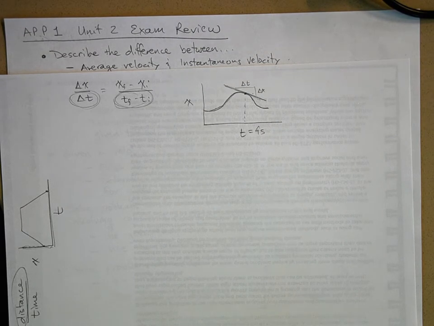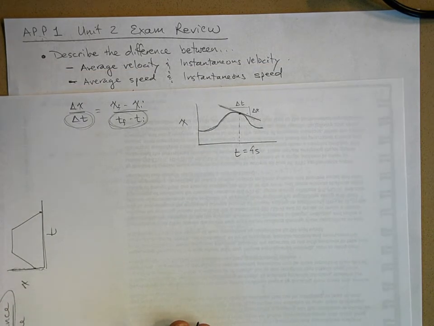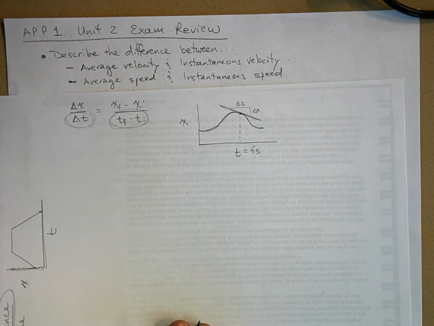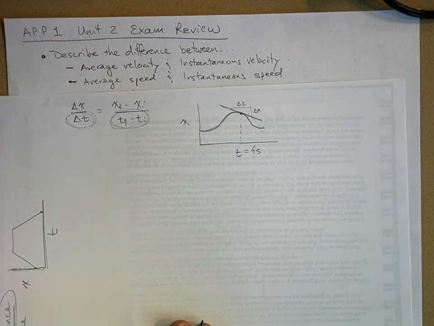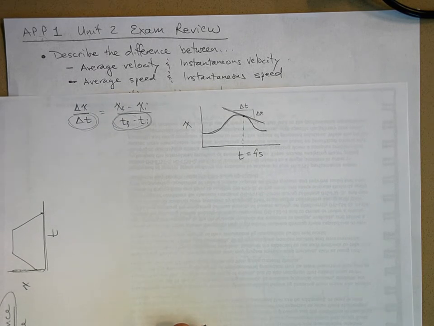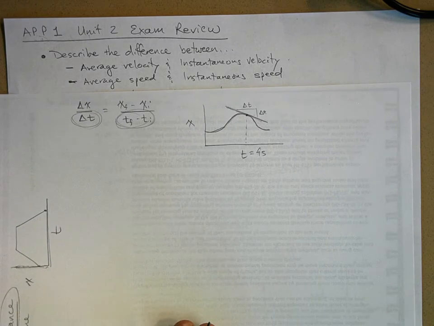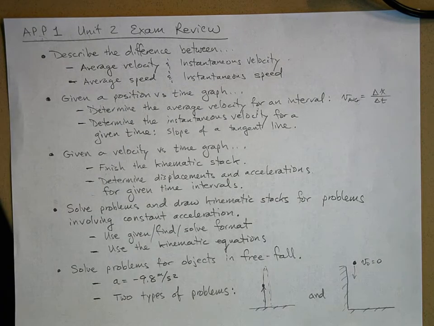Not negative 1.5, because with instantaneous velocity, what does the sign mean? What does the plus or minus mean? It means, is it going to the right or the left, or is it going down or up? Well, with speed, you don't care about the down or up. So it's just kind of the absolute value of the instantaneous velocity. Okay.